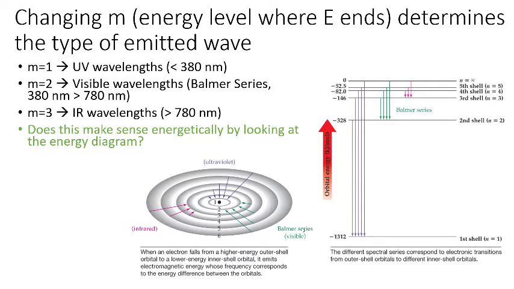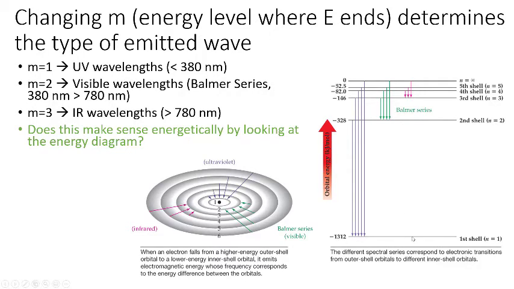So if our m is a 1, so this is where the electron ends again, if this electron comes all the way back into the bottom energy level, that means we're going to have energies associated with ultraviolet light. So this is the highest energy.